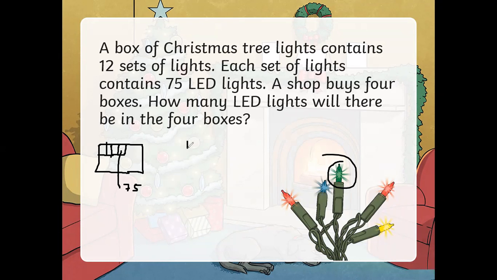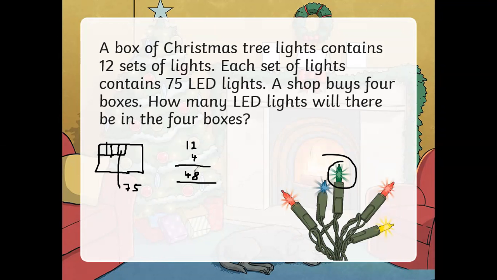So that will be 12 times 4. And we actually don't need to do that the long way because we know 12 times 4 is 48. So that is 48. And then the next thing we need to figure out is how many actual lights they have in the 4 boxes.